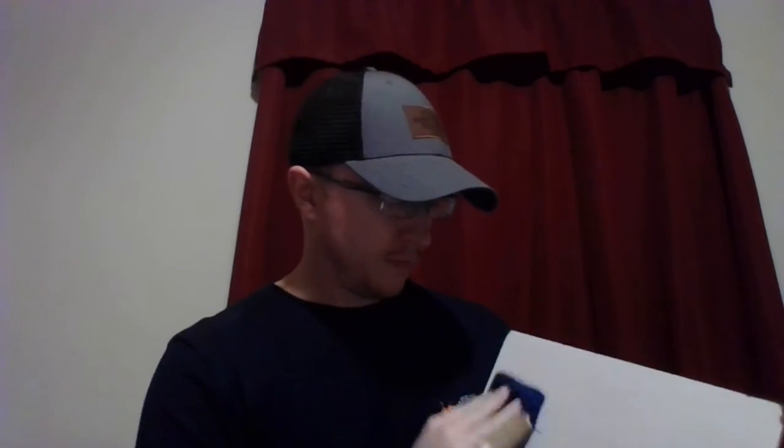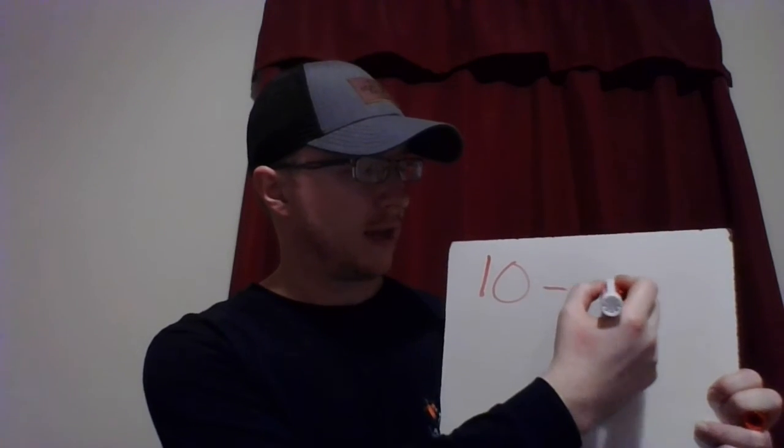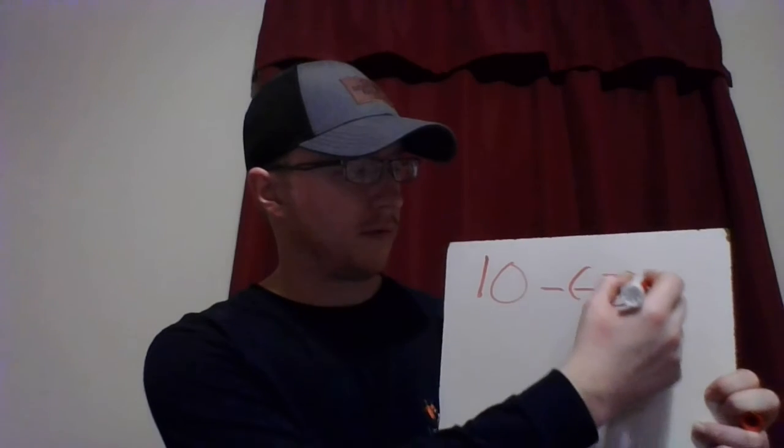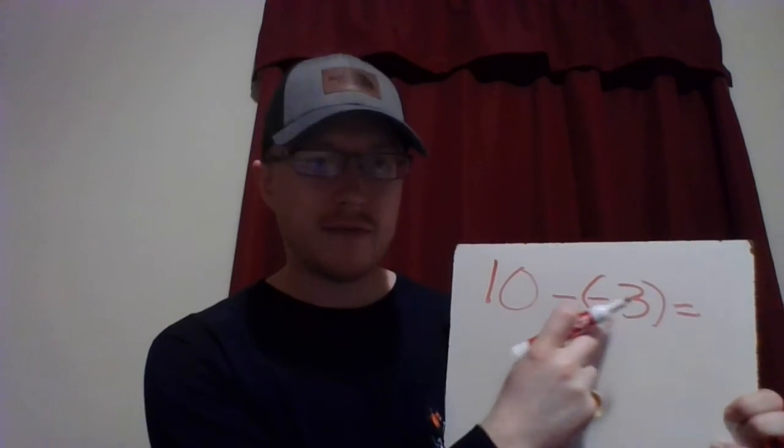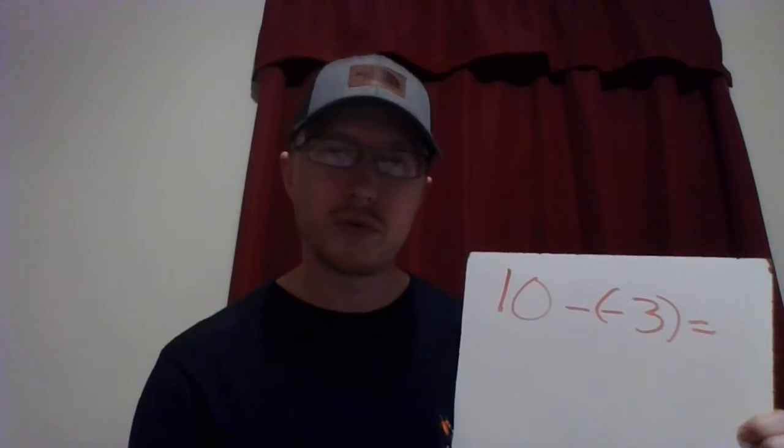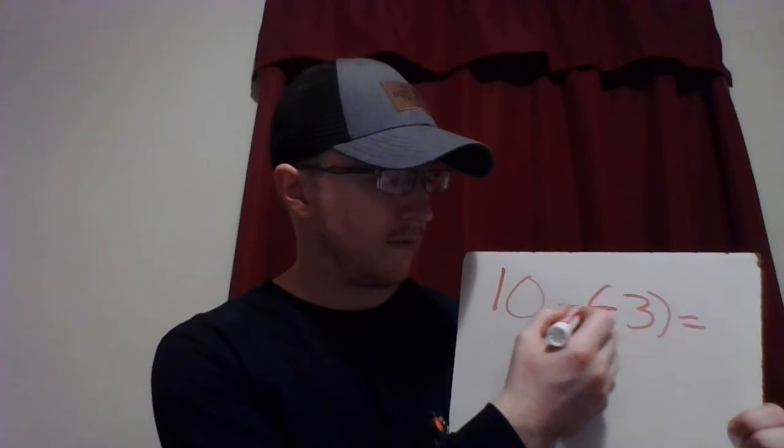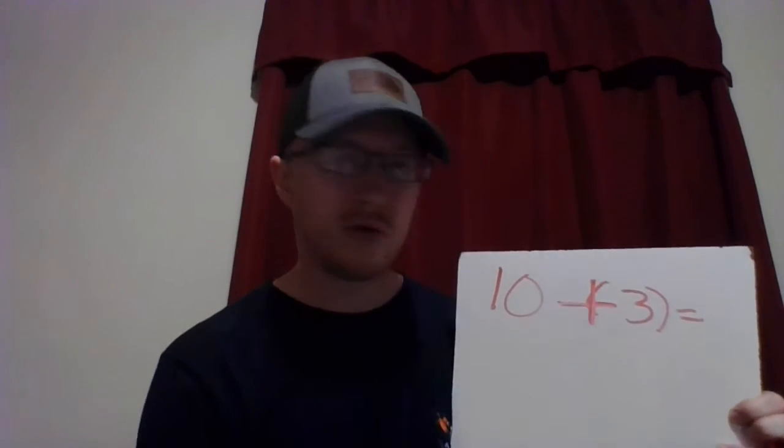Now, the very last rule that we need to look at is what to do when you have a double negative. And this should be pretty familiar to you guys. You've seen this quite a bit this year. So if I give you, for example, 10 minus negative 3, and I'm going to put that negative 3 in parentheses. If we have that double negative in the middle, just remember, we turn that double negative into a positive.